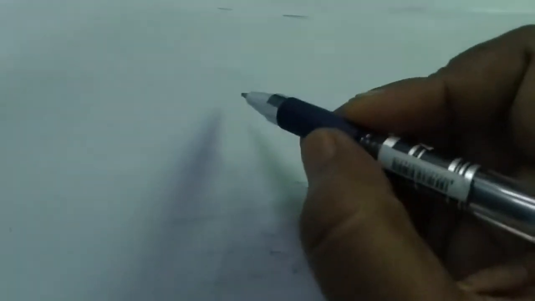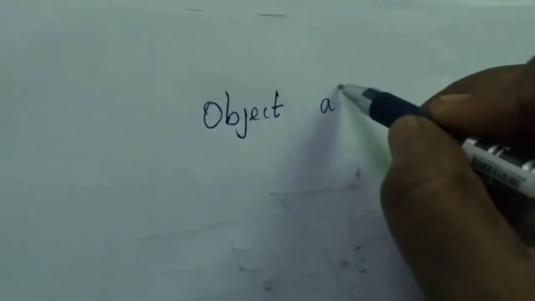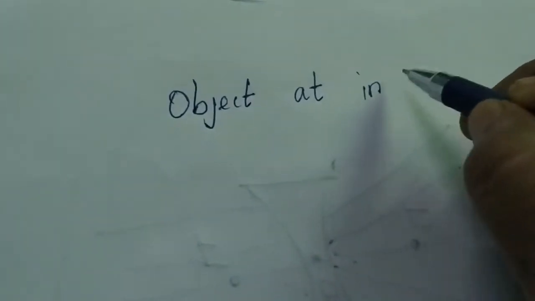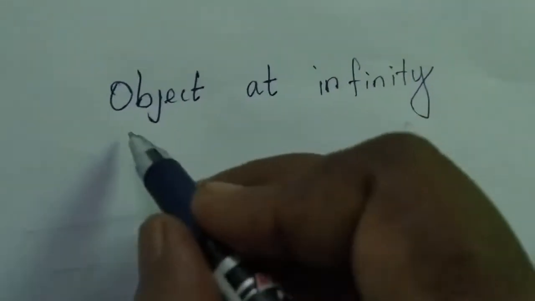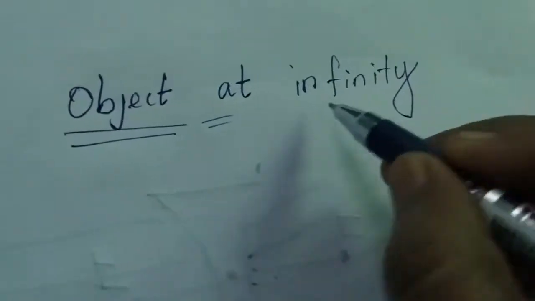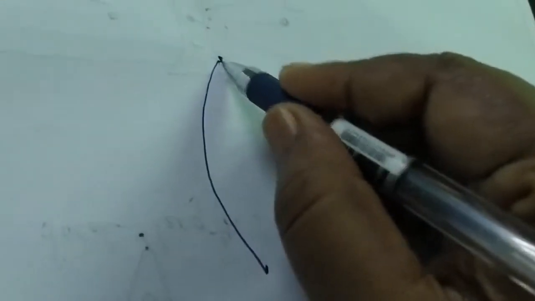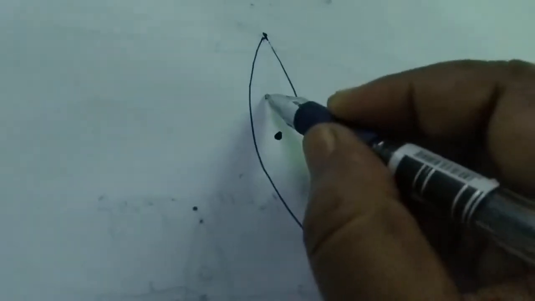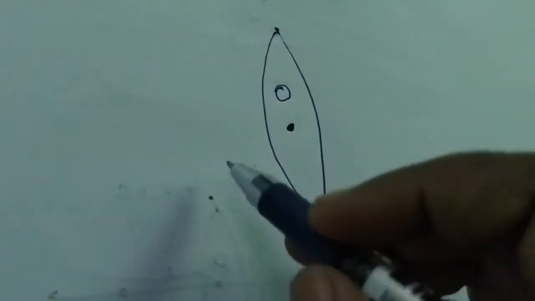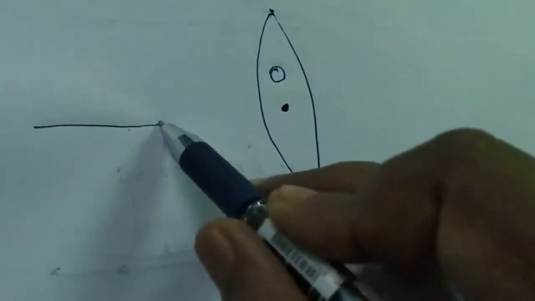Our first condition: object at infinity. Consider a convex lens, with center point, optic center O, and this is the principal axis.